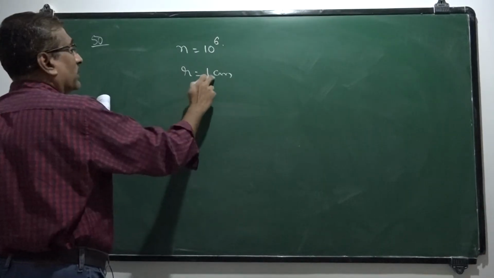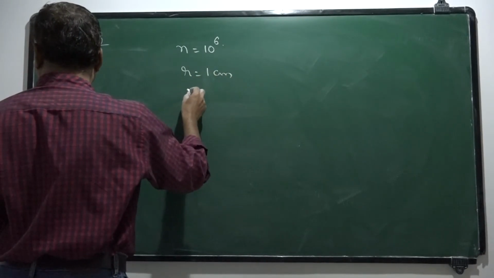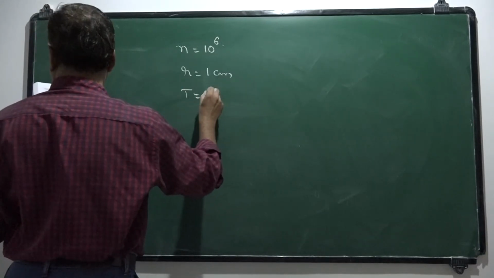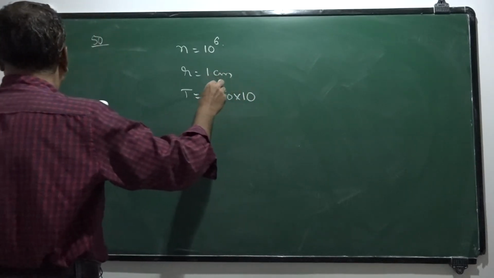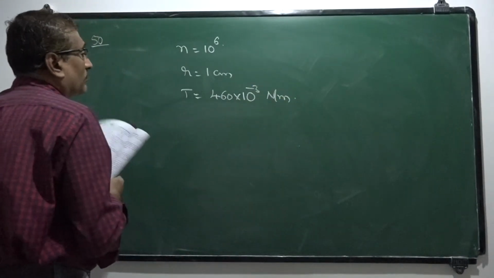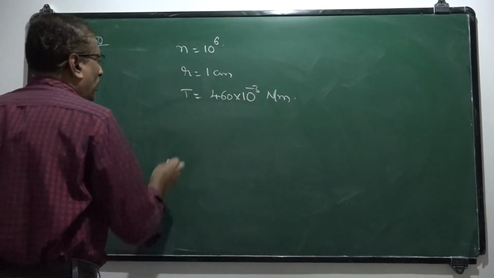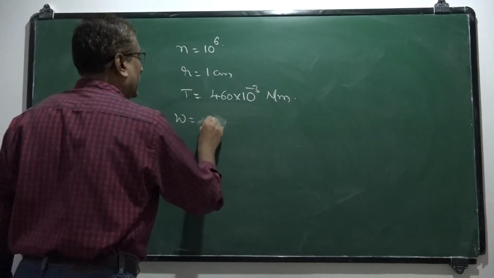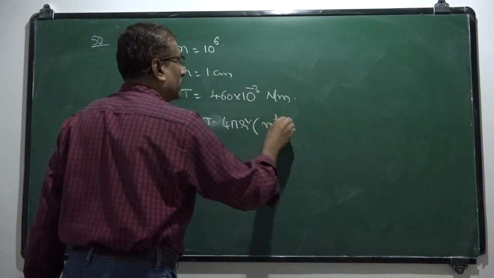Sorry, the big drop radius is 1 centimeter, and the surface tension of liquid mercury is given as 460 into 10 to the power minus 3 Newton per meter. Okay. Now W is equal to T into 4 pi r square into n power 1 by 3 minus 1.